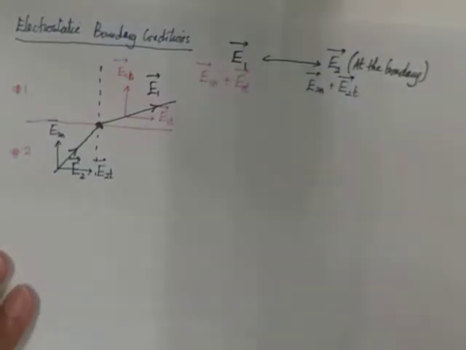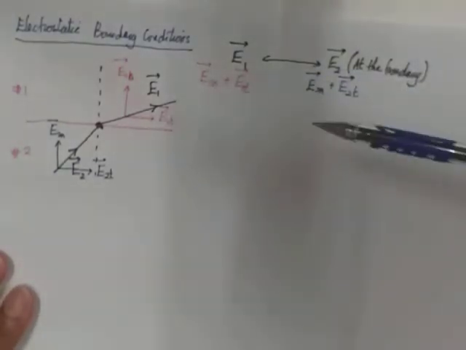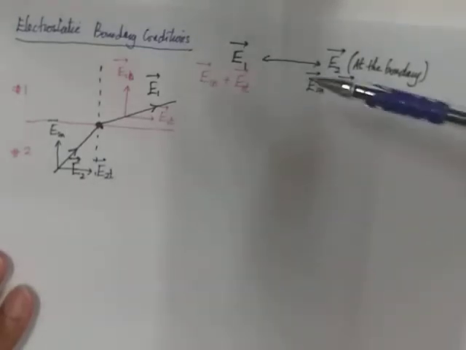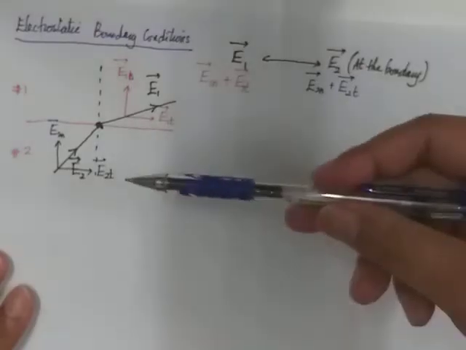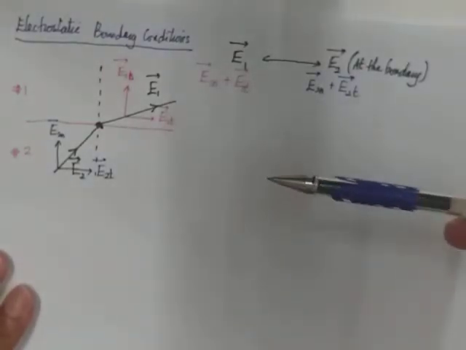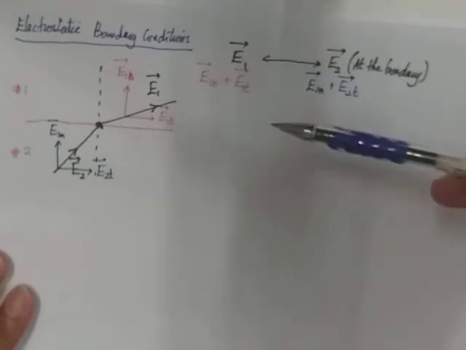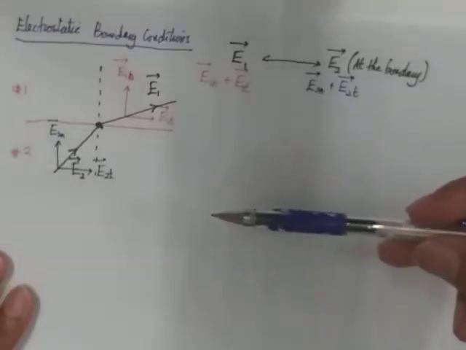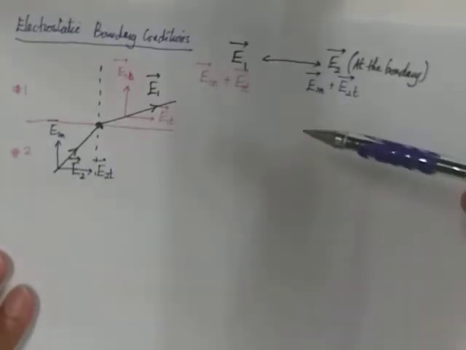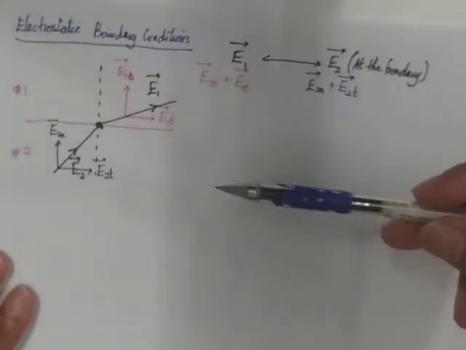So this is what we are doing. We are just creating another form of equation representing our E1 and E2, and the new equation contains two components with respect to the boundary: one component normal to the boundary, another component parallel to the boundary. We call it tangential.